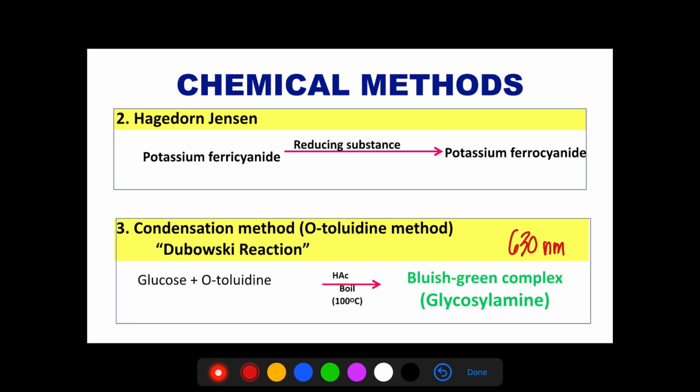Also, substances like galactose, an aldohexose, and also mannose react with O-toluidine and produce a colored compound that will interfere with the reaction. So in short, they could produce false positive results in this case.